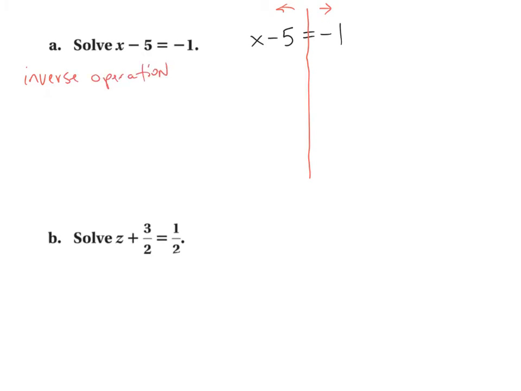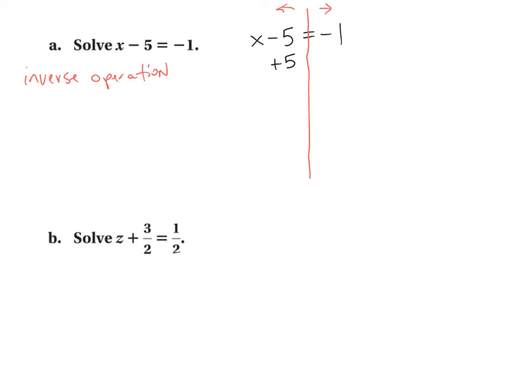Because an inverse operation basically undoes this -5 and turns it into a 0. Okay, so let's do that. So if we add 5 to this side, the opposite of -5, it's better to think of it as the opposite of -5.